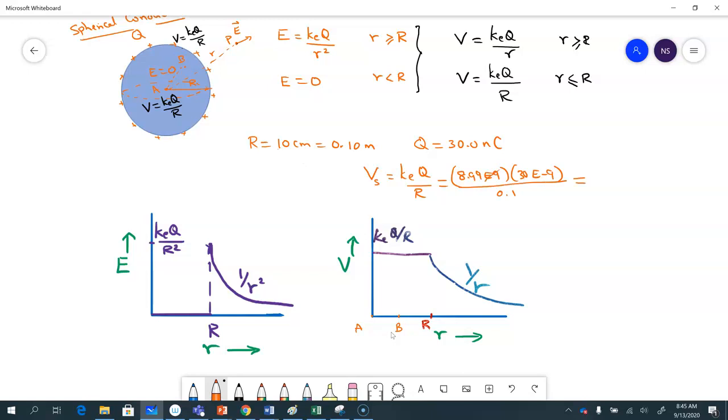If I take it about 9, that's 270, and then divided by 0.1, 2700 volts, or 2.7 kilovolts. That's the volts at the surface. That means the whole conductor is raised to 2700 volts. It's the same at point A and point B, so the potential difference would be 0 in this case.